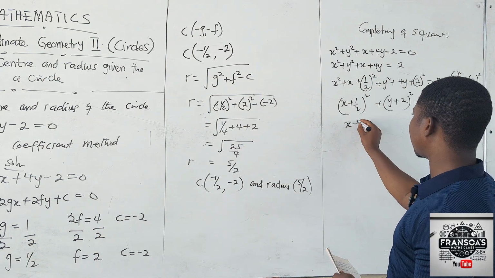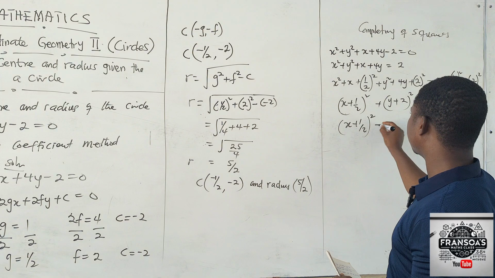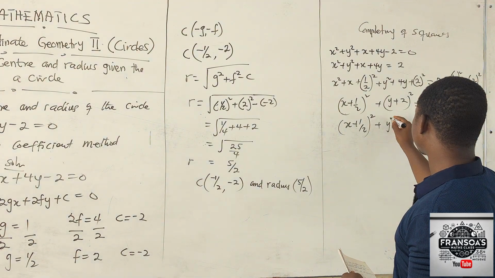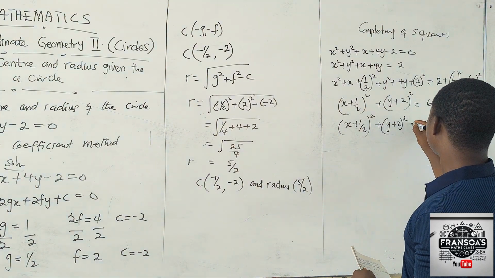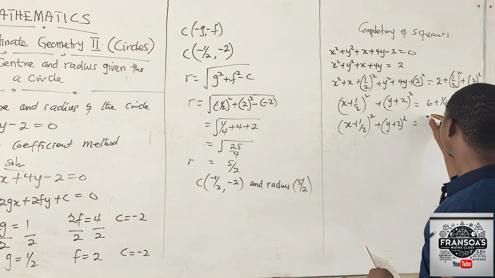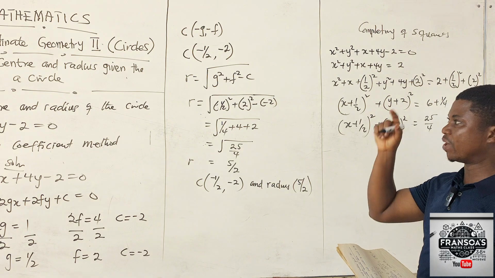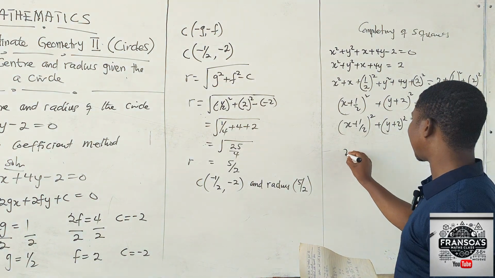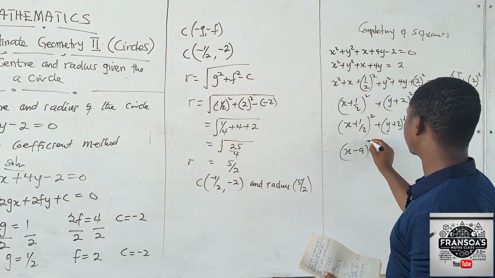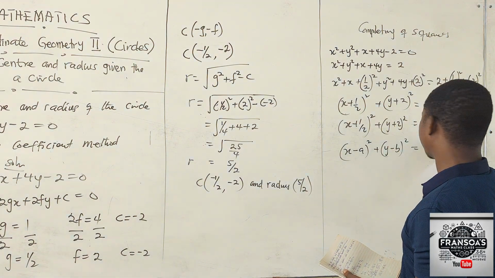So we have x plus half all squared plus y plus 2 all squared equals 6 plus 1 over 4, which gives us 25 over 4. Now you compare with the equation of the circle, which is x minus a squared plus y minus b squared is equal to r squared.